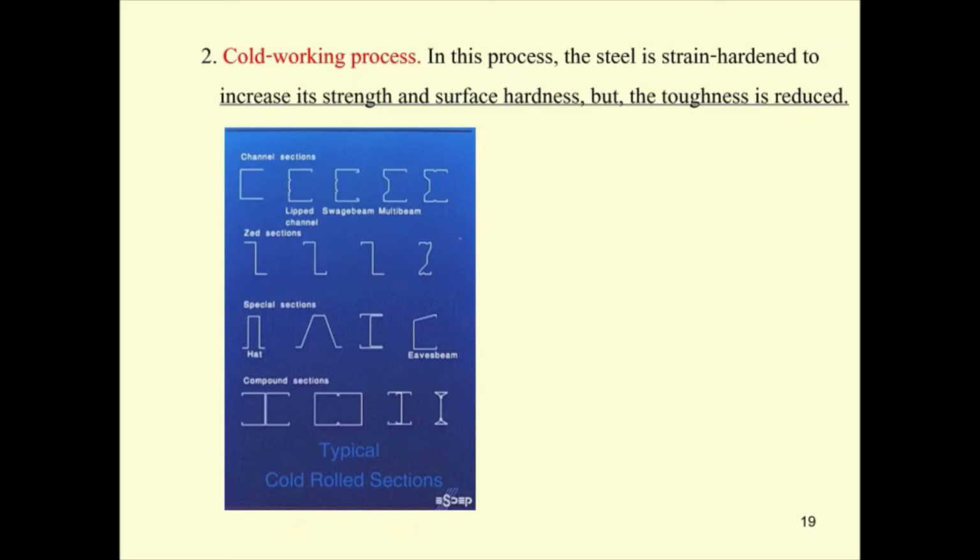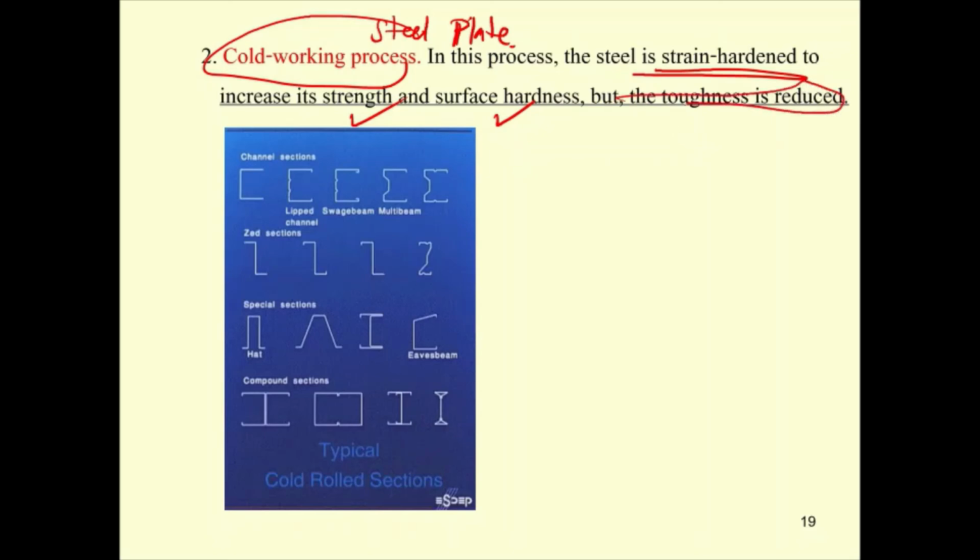And next, for the cold working process, most of the time this is going to involve steel plate. They put the steel plate into a process which causes strain hardening. This will increase the strength of the steel and the surface hardness, but the toughness is reduced. Energy absorption is also reduced.